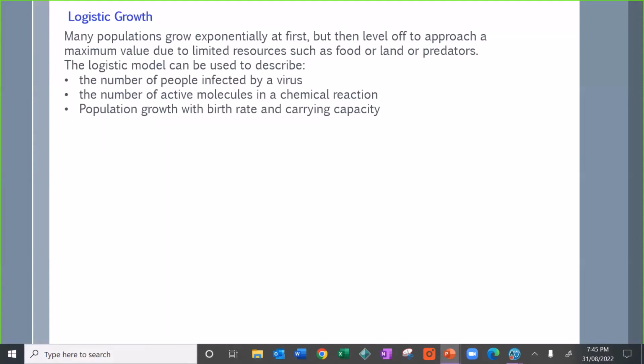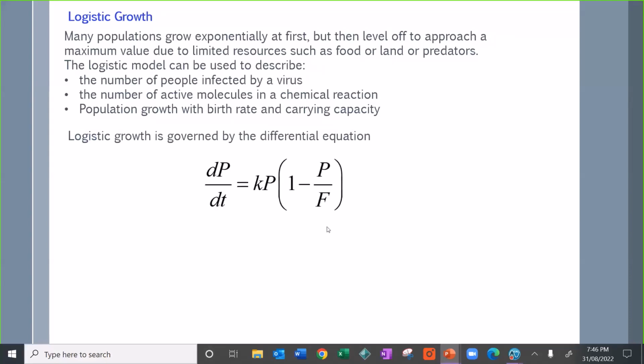So there is the possibility, again, of collecting data for COVID before vaccination, after vaccination, and seeing what happens. There are some chemical reactions which also follow the logistic curve. And of course, the main one is population growth with birth rate and carrying capacity, which is this limited value for any population. So let's use this type of differential equation.